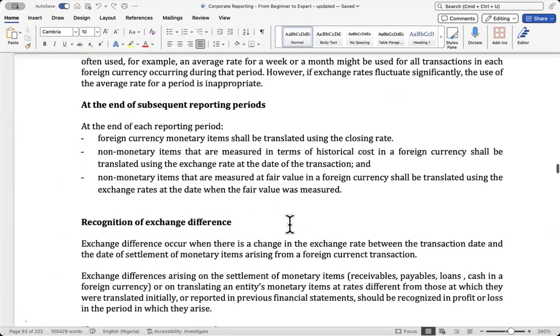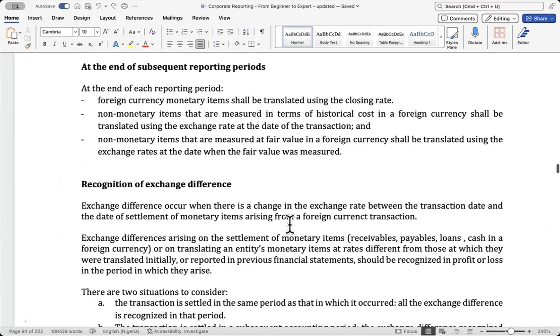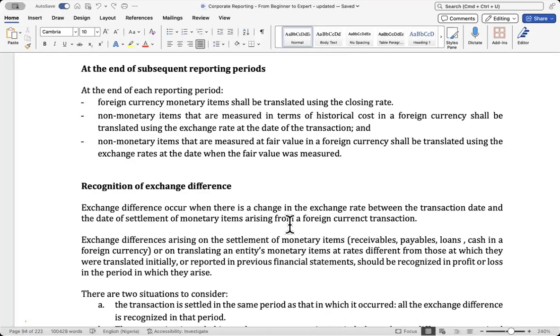Okay, so that's initially when you consummate those transactions. So at the end of the year, if you now have either assets, maybe you have receivables, or maybe you're still owing money, you have payables in foreign currency, how do you then include that in your books?